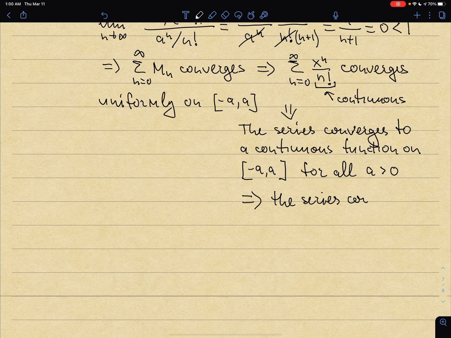converges to a continuous function everywhere.